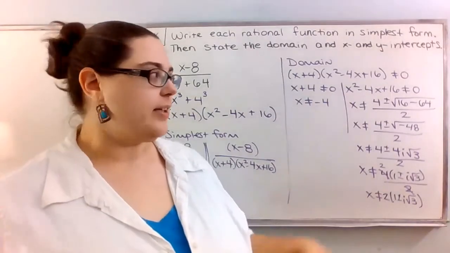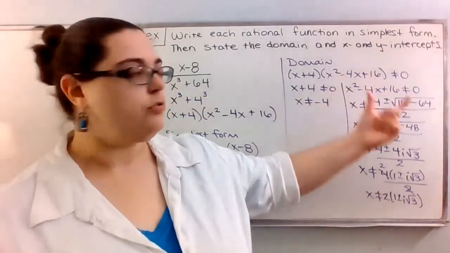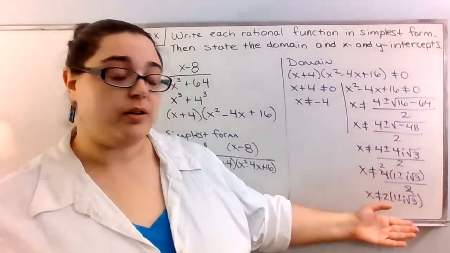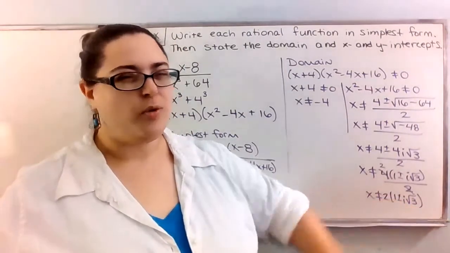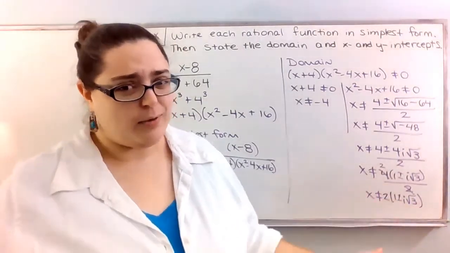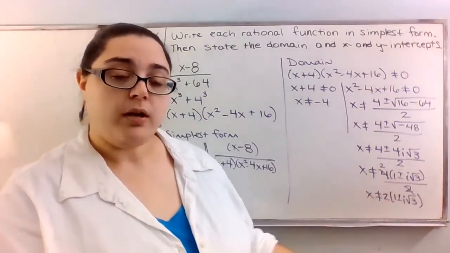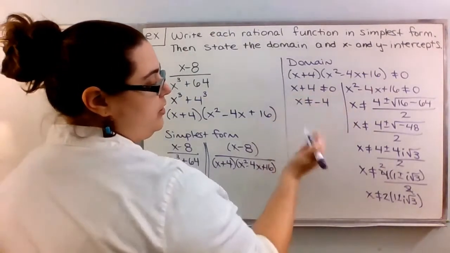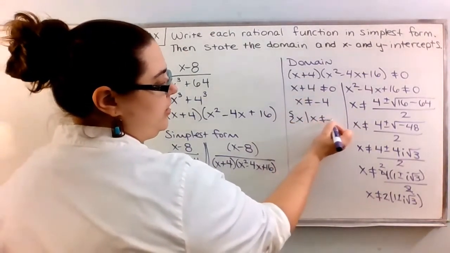As soon as you recognize that this factor has no real solutions, you don't have to go through this process, because you're going to get a complex number, and x couldn't be a complex number anyway. We're only looking for real numbers where it's going to break down. So the domain of this function is just this piece here. So it's the set of all x so that x cannot be -4.